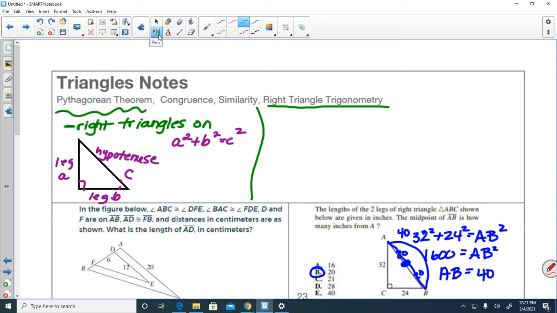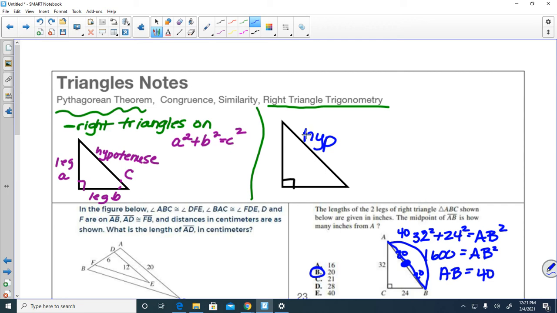Right triangle trigonometry is the sine, cosine, and tangent stuff that you did in geometry. Let me pull another right triangle here. Whenever you have a right triangle, the slanted side is always the hypotenuse.